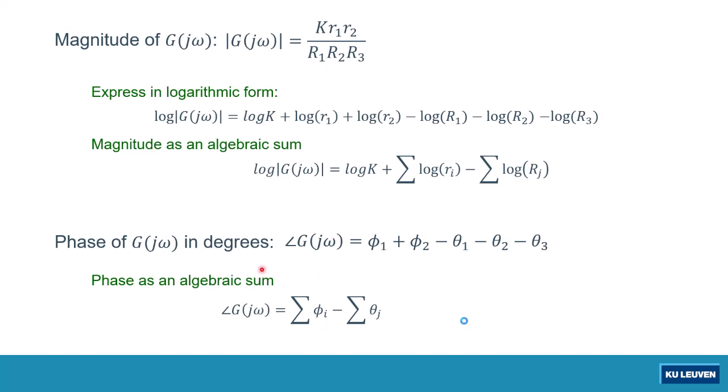Okay, again, this is the relationship of the phase of G(jω) to G(s). If we want to represent this as an algebraic sum, then the angle of G(jω) will look like this: just simply the summation of the angles of all of the zero factors minus the summation of the angles of all of the pole factors, right?